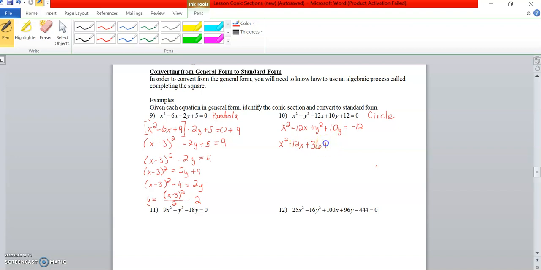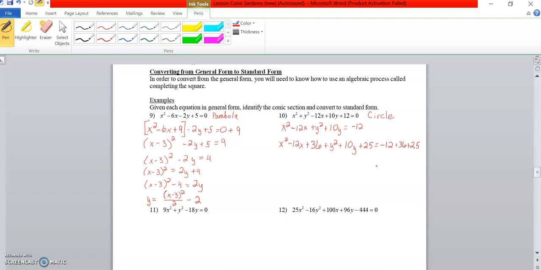And then we keep moving on, plus y squared, 10y. And then again here we get to take half of our y term, so 5, and square it. But because we added those numbers to the left side, we're going to add them to the right, so we're adding 36 and 25.